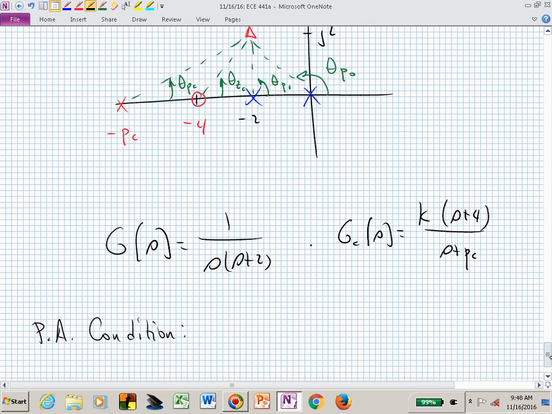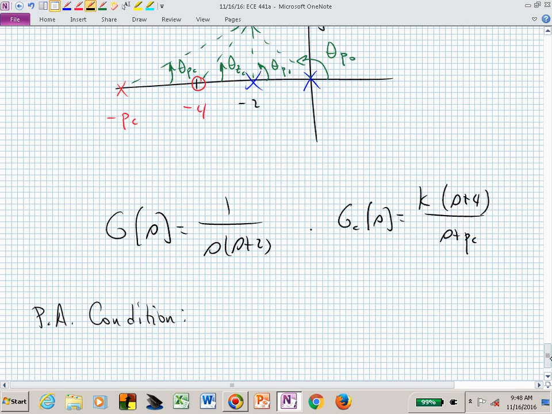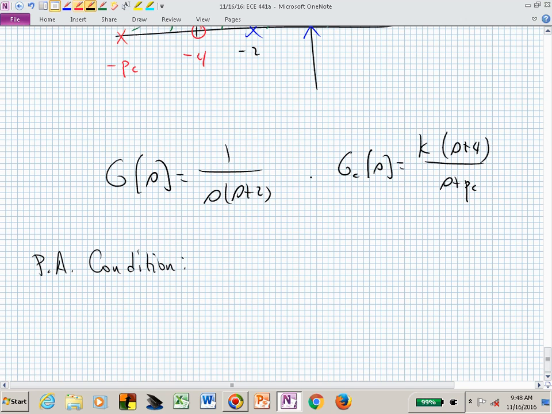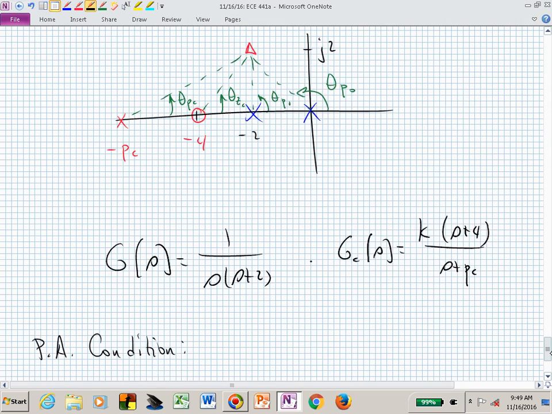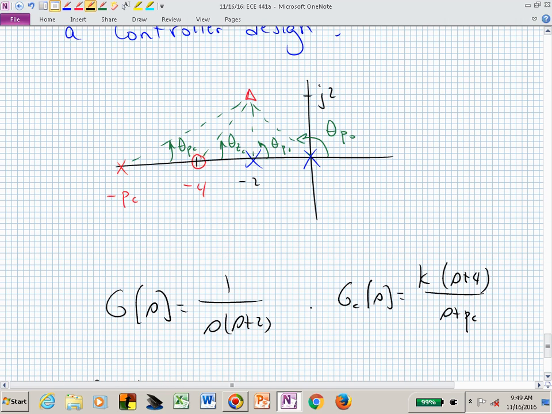Now we do the phase angle condition, which says we have our zero angles minus our pole angles, and those have to equal minus 180 degrees to give us a stable system. I've cooked this up to give us easy computation of angles. What's the angle from the origin to minus 2 plus j2? 135.